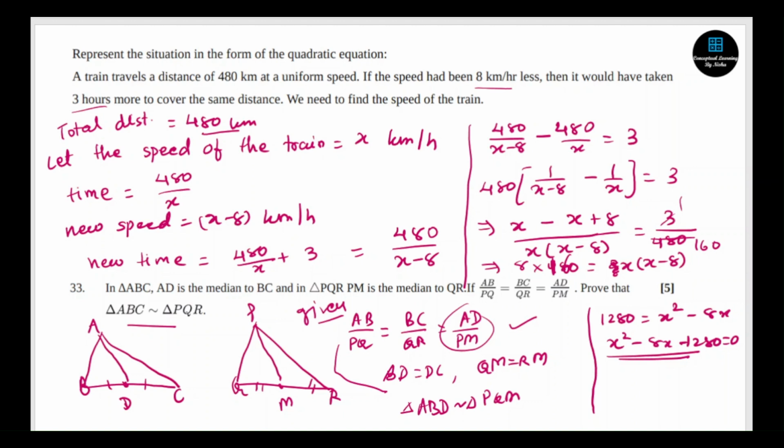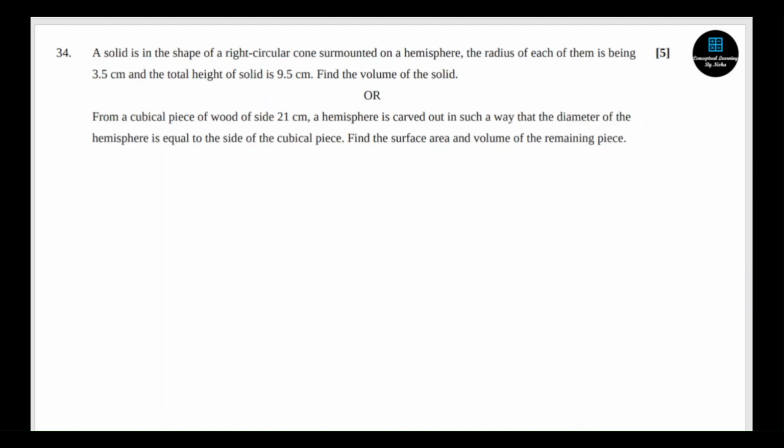And then you have the corresponding angles congruent, and then you can apply the SAS criteria to prove ABC is similar to PQR. Correct? So I am leaving this to you. Write this with proper steps and proper reasons. Alright? Okay. Now moving to the next question.